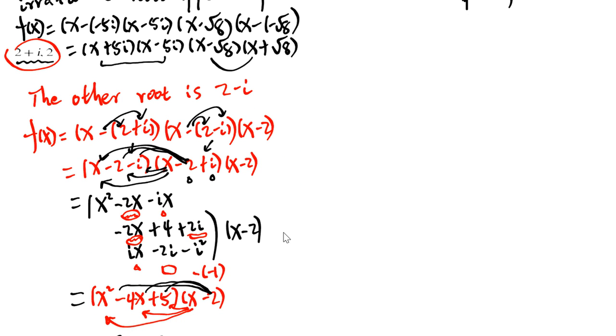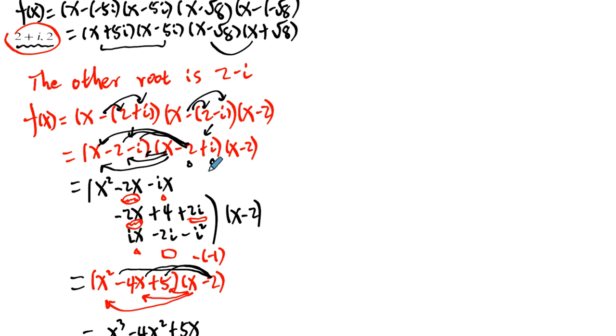Then you do the distributive property one by one. First, negative goes to 2 terms inside. You have a negative 2, negative I. Similarly, for the other negative goes to 2, that's negative 2, negative, negative I, positive I.